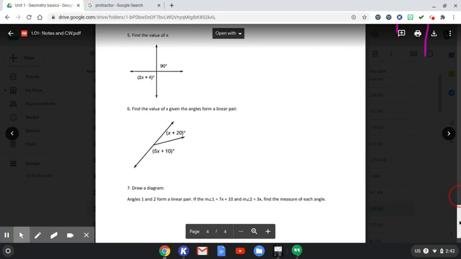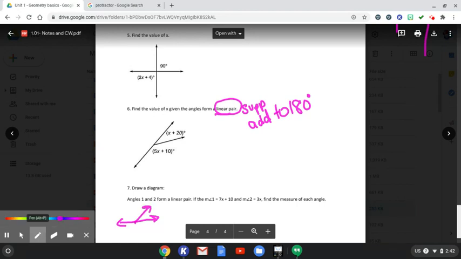And remember, a little vocab here for 6 and 7 is that linear pair is the same as supplementary. They're going to add to 180 degrees. So you just have to find the value of x. A drawing for number 7 could be a straight line with a little ray coming from it.